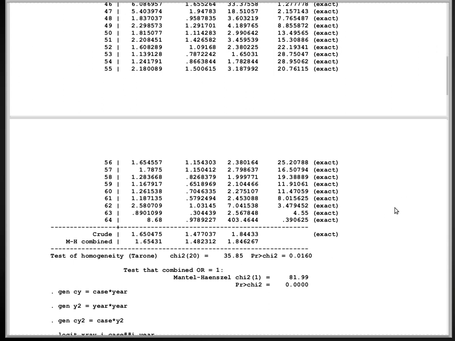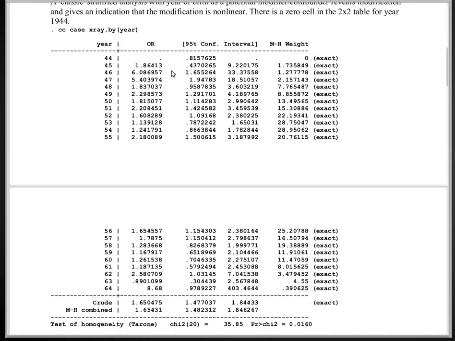So we can see then that it would appear unwise to discuss confounding here; there is, in fact, an indication that this variable, year of birth, is modifying the odds ratio. So you can see we're getting quite a range of values.